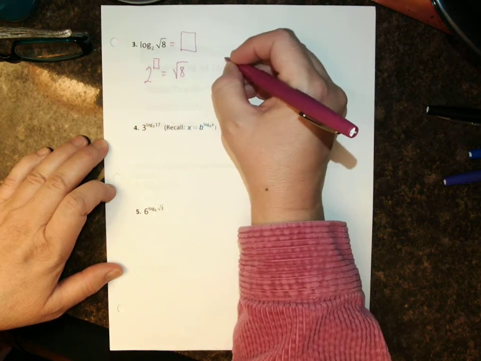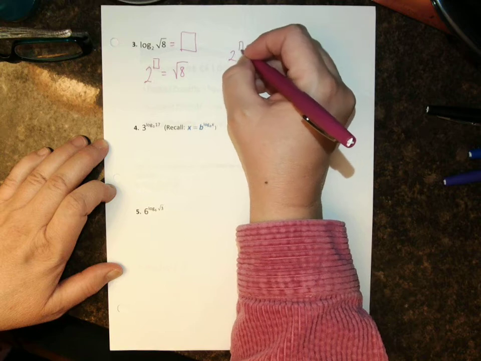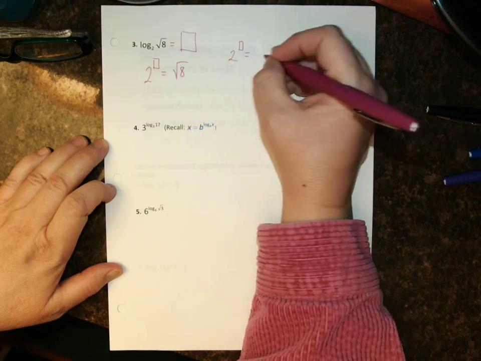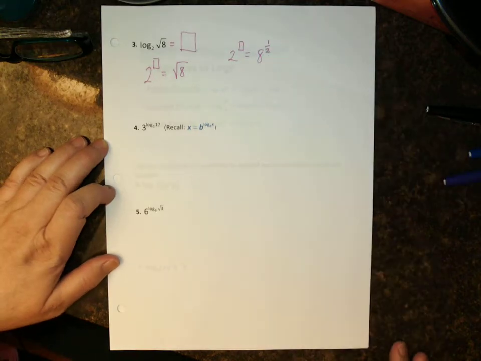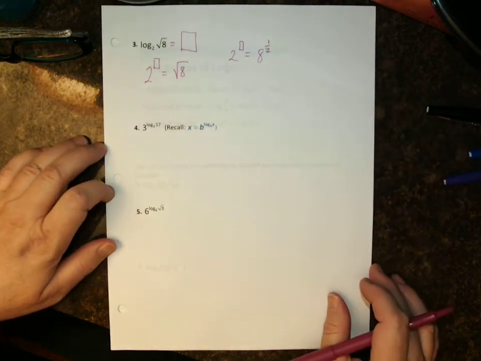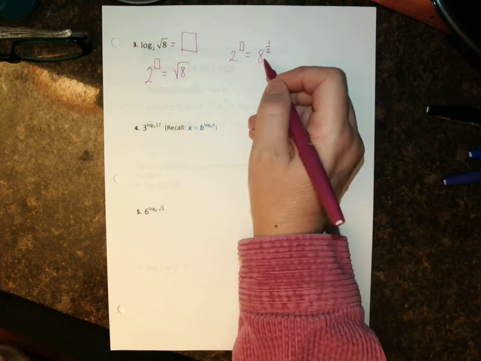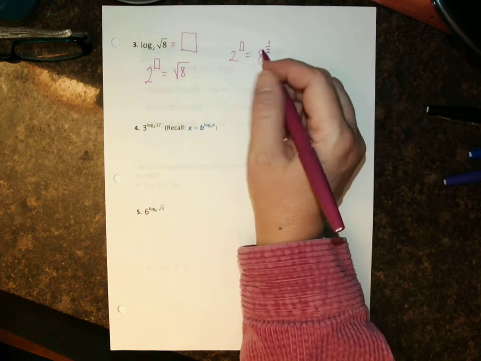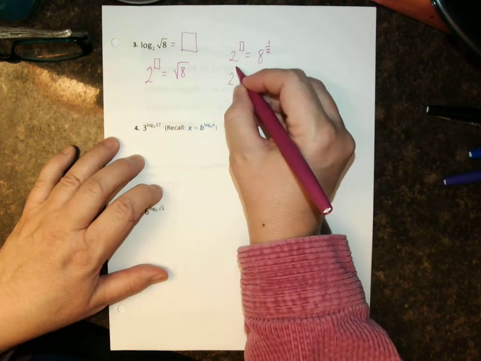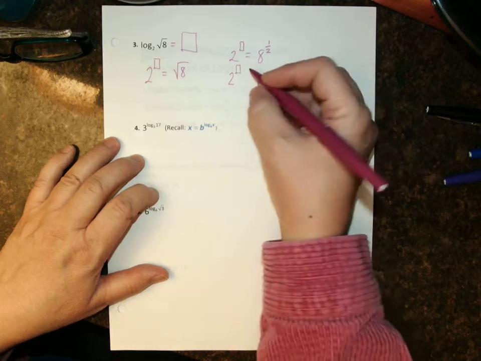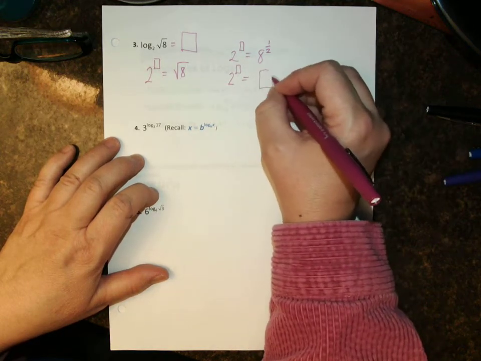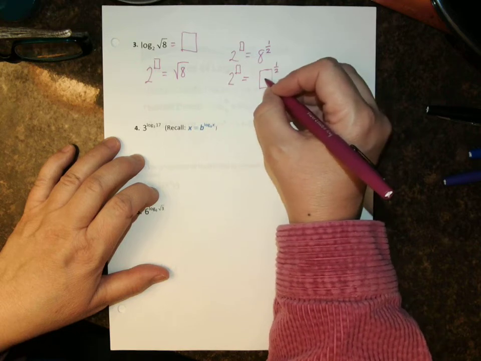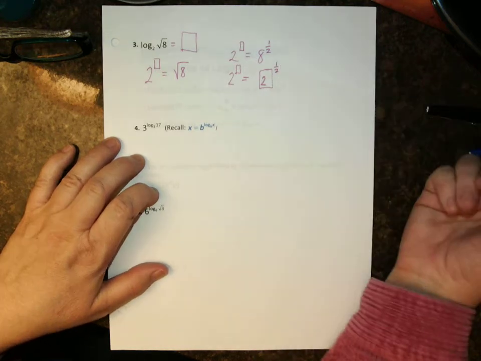So I'm going to write that as 2 to some power is equal to, the square root is the same as the 1/2 power, right? Do you remember that? From chapter 6, I think it is. Okay, we need these to have the same base in order to compare them. So I'm going to make the base on both the smaller value, the 2, since it divides nicely into 8. And so I want to write this as 2 to some power all to the 1/2.